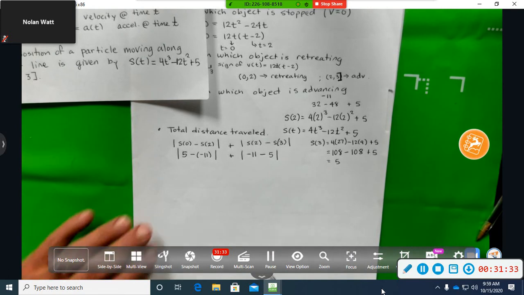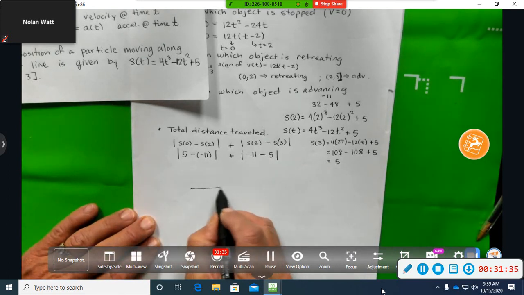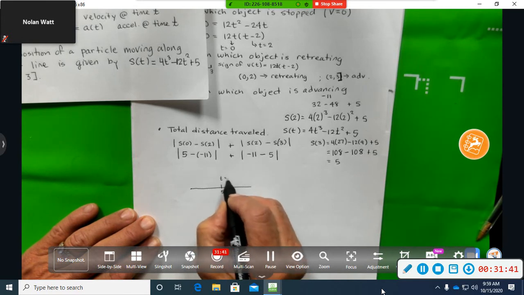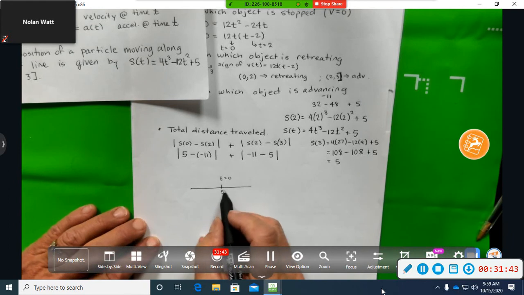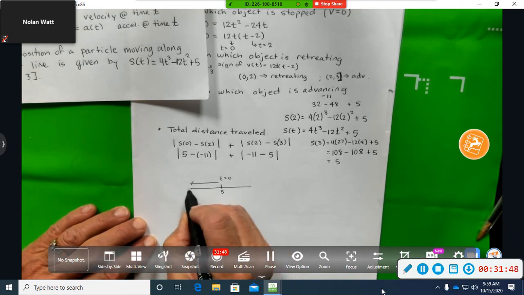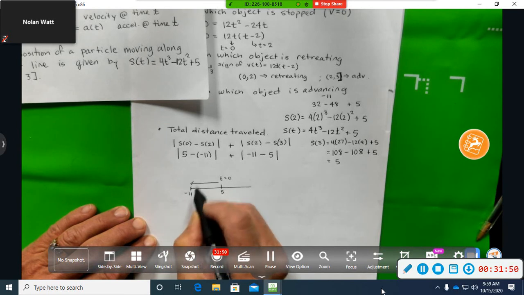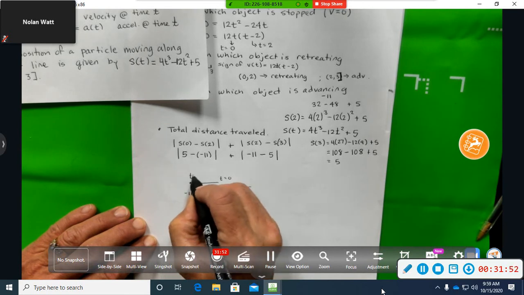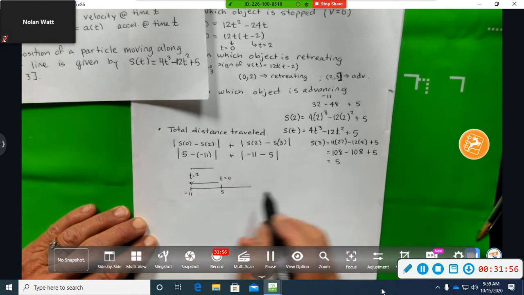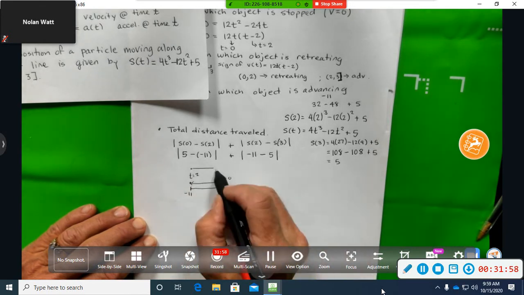So our diagram looks like this. At time 0, it's here on the number line at 5. Then at time 2, it backs up all the way to the coordinate at negative 11. And then it's going to turn around and go all the way back to 5.